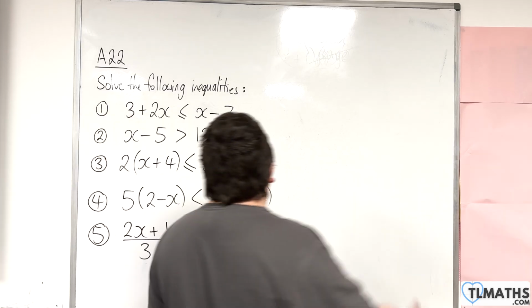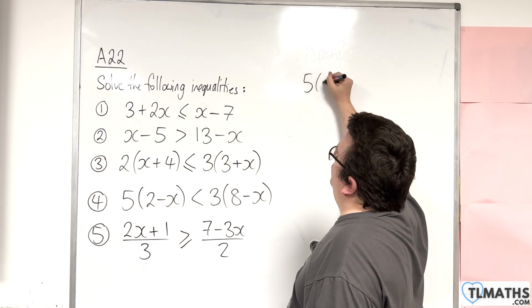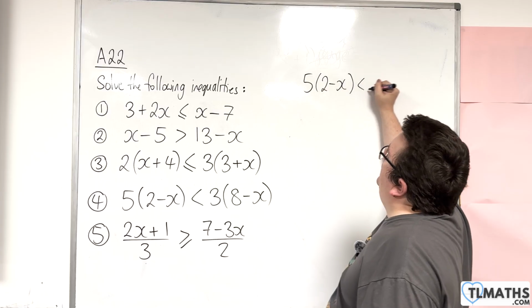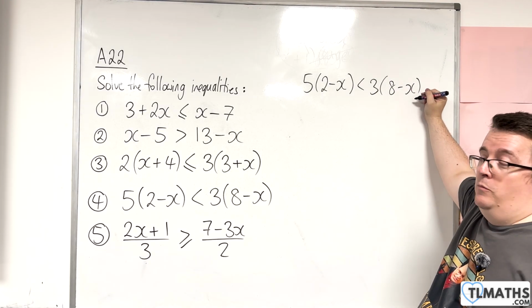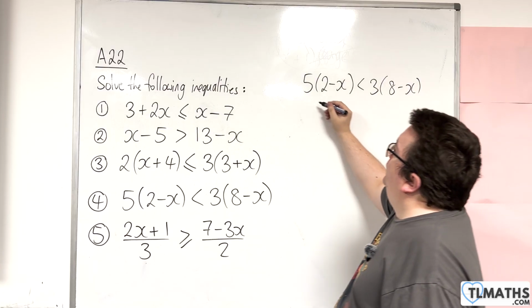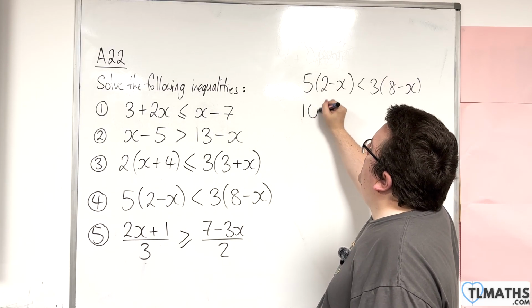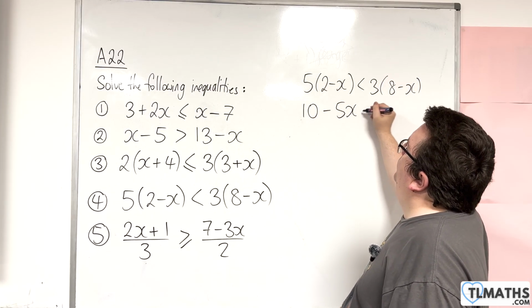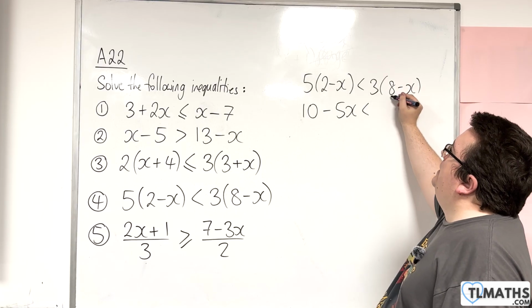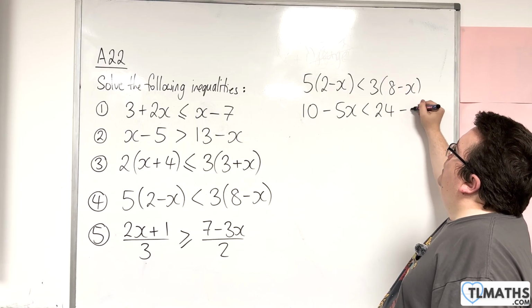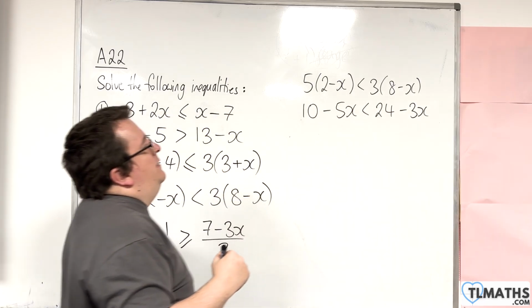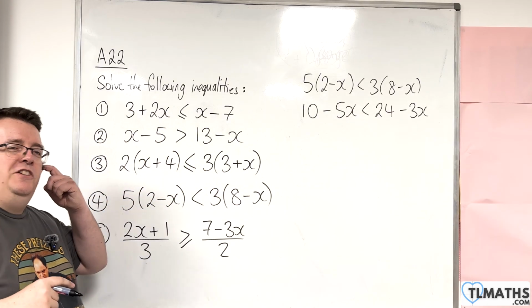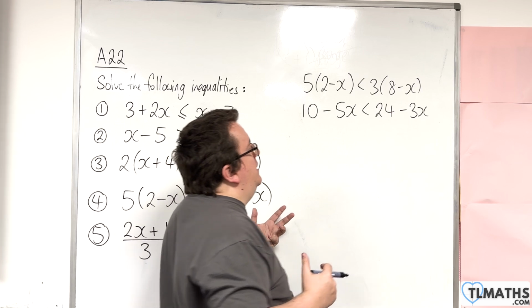Number 4, 5 lots of 2 take away x is less than 3 lots of 8 take away x. Let's expand the brackets again, shall we? So we're going to get 10 take away 5x is less than 24 take away 3x. Now you could add 3x to both sides, but I'll get a minus sign.